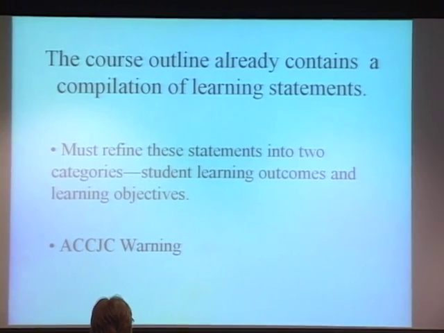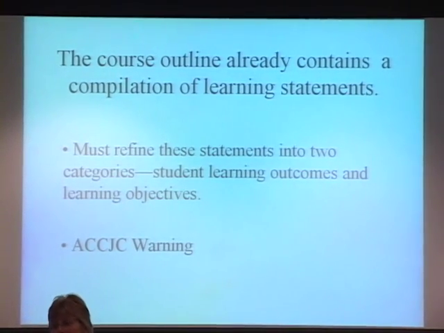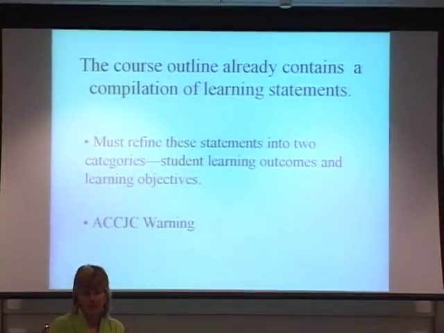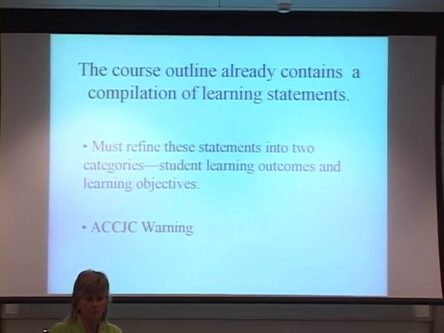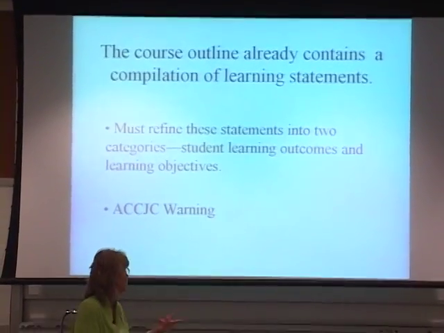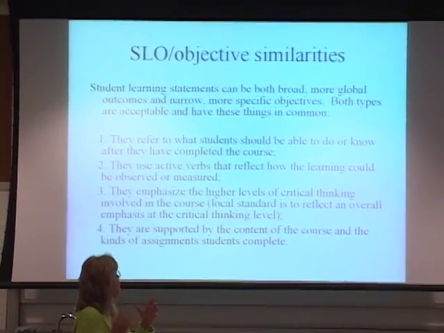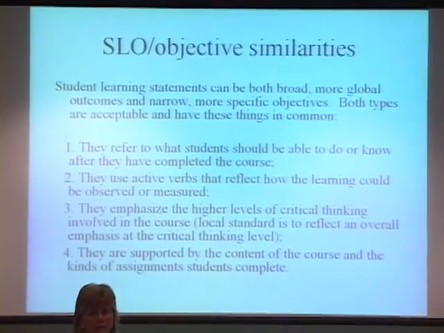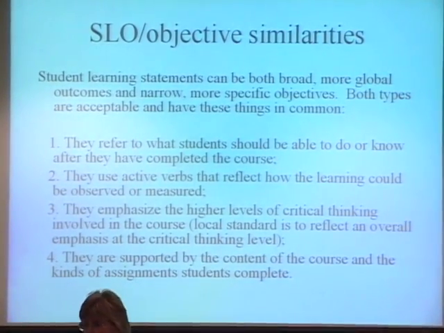The reason we're having to do this is a refinement process, and eventually this was going to have to come, but the ACCJC warning is sort of providing us a little impetus for this part of the task.